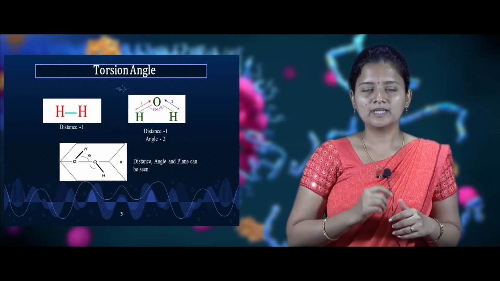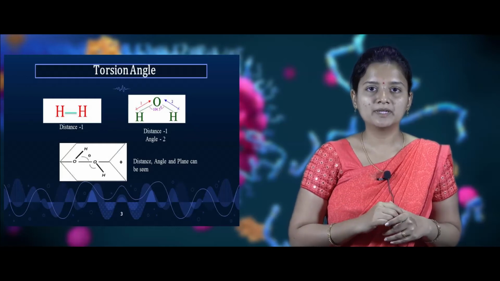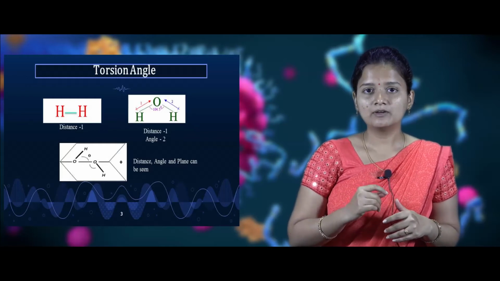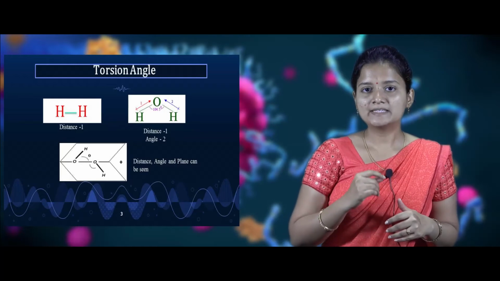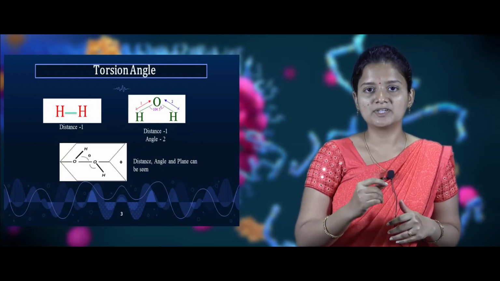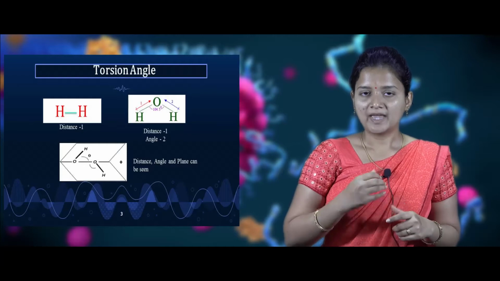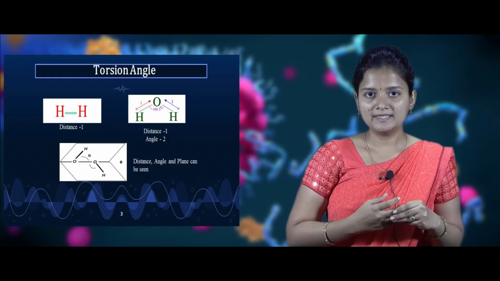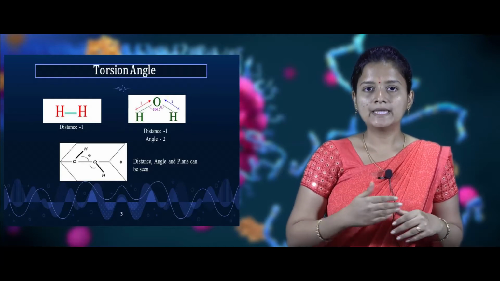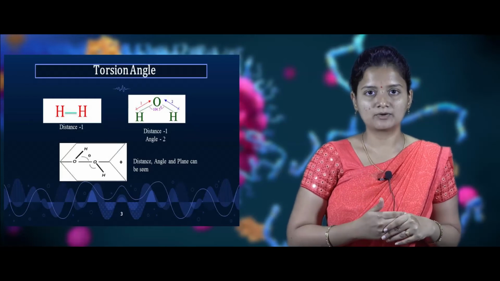The geometry of hydrogen peroxide is not only determined by bonds and angles, there is something called planes. Planes also play an important role in deciding the conformation of hydrogen peroxide. So angles, bonds and planes play an important role in determining its conformation.